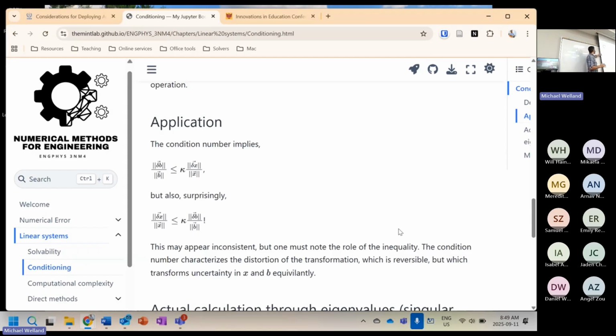If you calculate the impact over there, what you're going to get is something that looks like that. Well, what would that be?